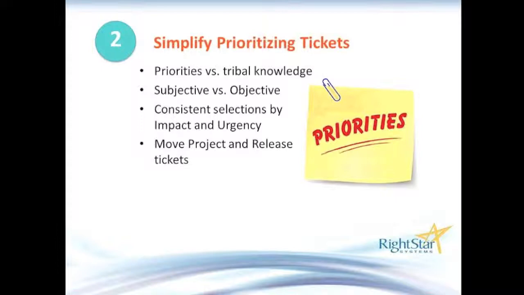So the way we can make these objective is to use an impact and an urgency. Impact is, we generally now state that the impact is how many people are impacted, and urgency is can work be done or not. So if we use maybe 3 impacts, is this impacting one person, or is it impacting one department or location, or is it impacting multiple departments or locations?